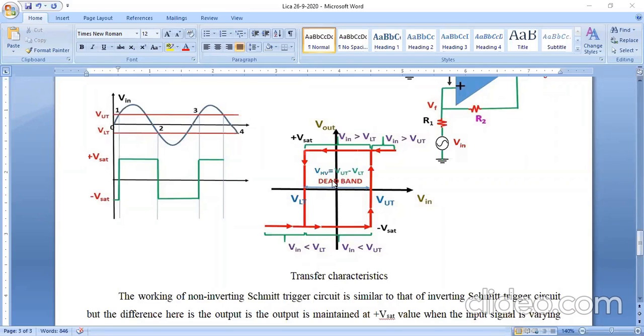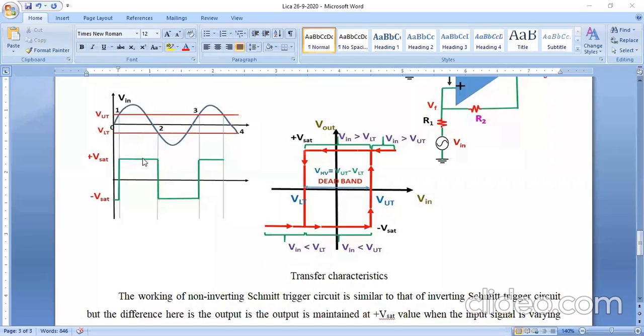If the input voltage is varying from 0 to the upper threshold voltage, here we have minus V saturation. That means the input voltage is less than the upper threshold value. If we increase the input voltage beyond the upper threshold value, toward the positive maximum value, at that condition we have a positive V saturation.